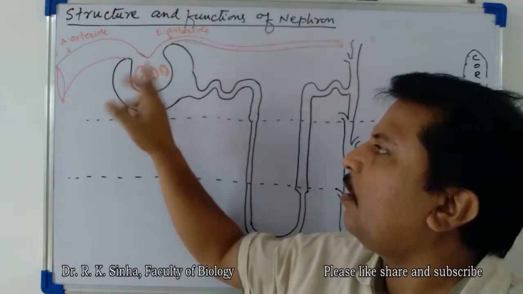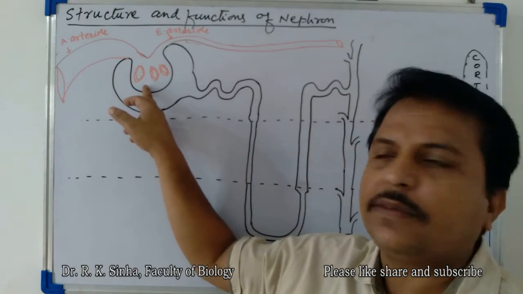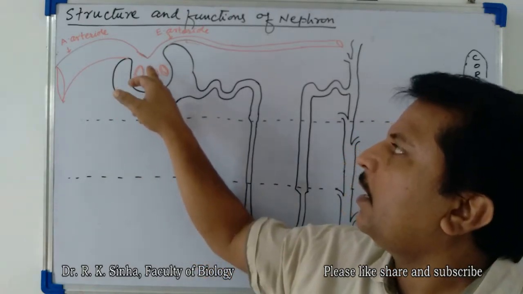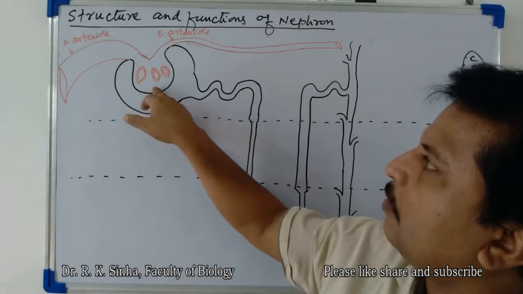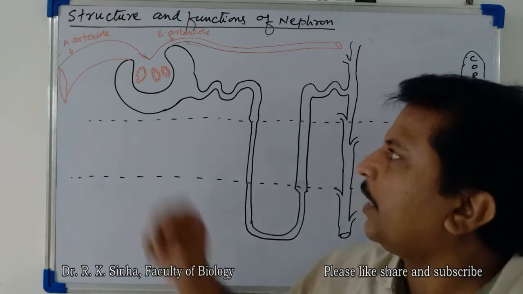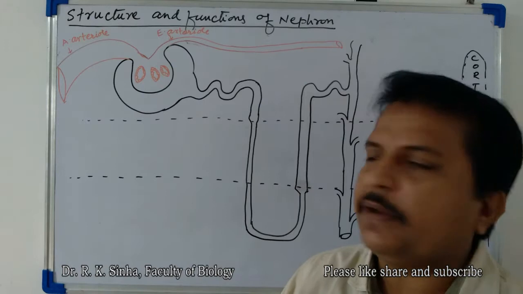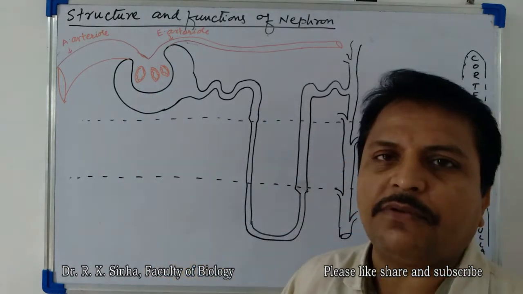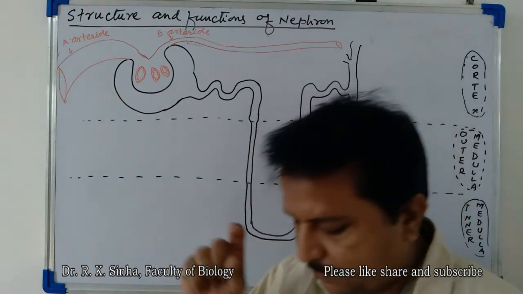So this knot of blood capillaries is termed the glomerulus, and the capillary going out from the glomerulus is the efferent arteriole. Okay, and this cup-like structure of the kidney tubule is Bowman's capsule. So the glomerulus lies in Bowman's capsule.